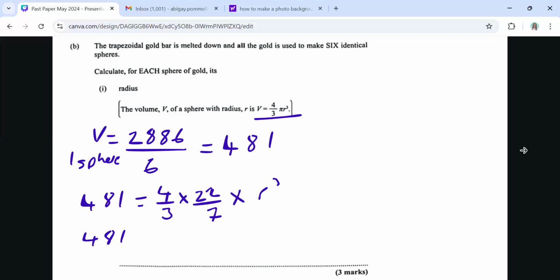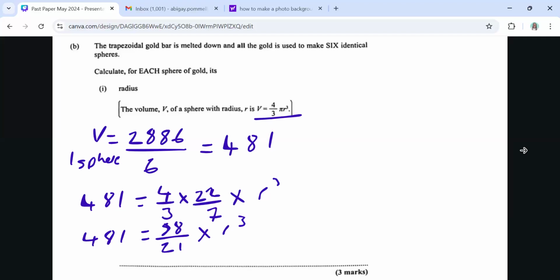Our two fractions will equal 88 over 3 times 7, 21, times r cubed.